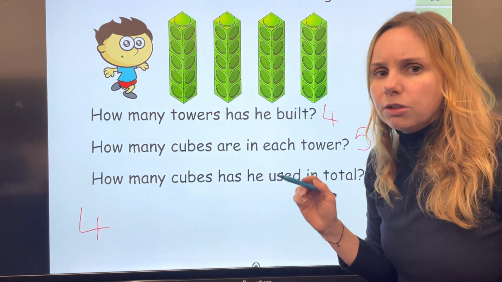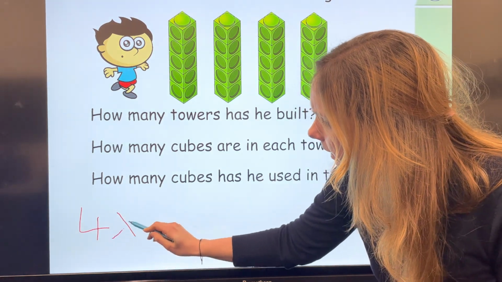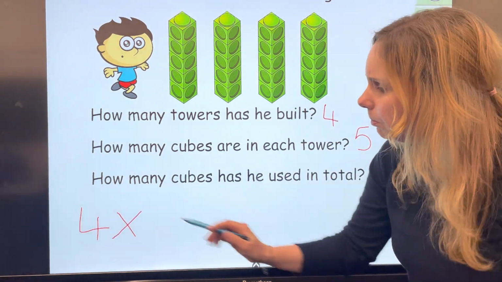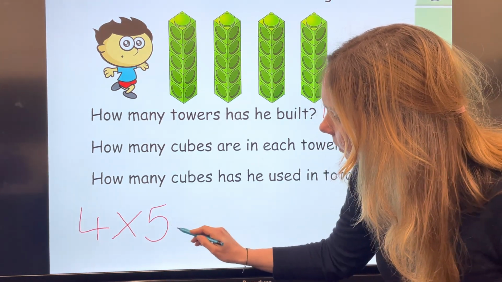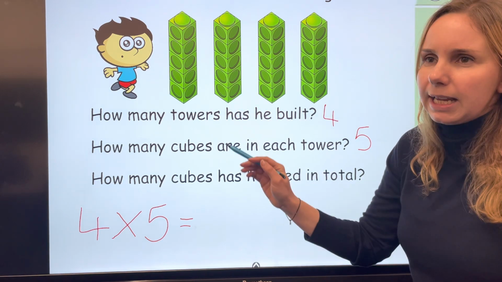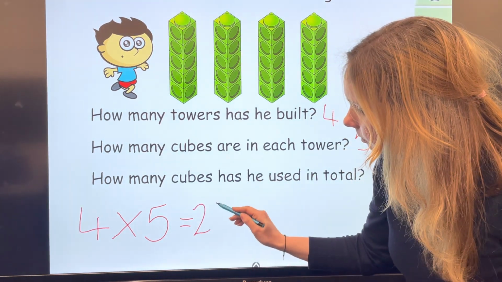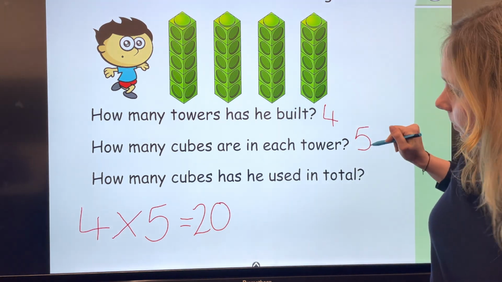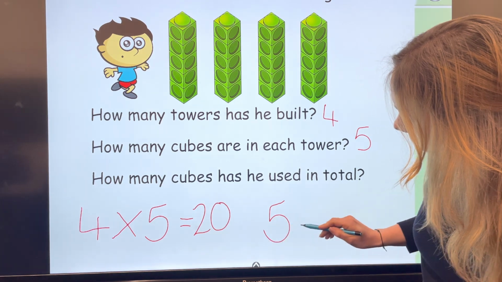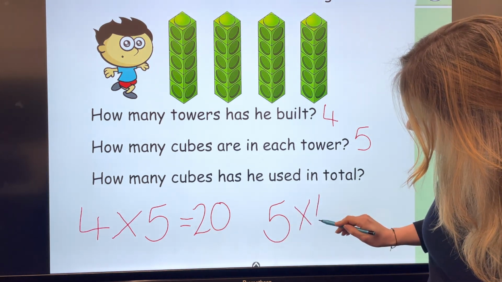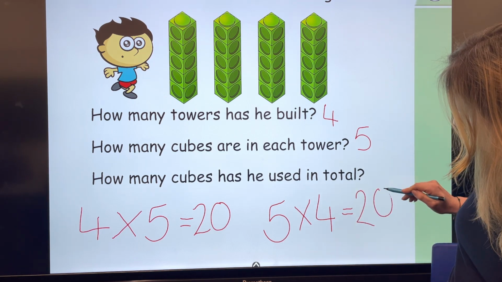Please check that you are drawing the multiplication symbol correctly, that it is a cross like that and you're not mistaking it for the add symbol. 4 multiplied by 5, 4 lots of 5 equals, I'm going to count in 5s, 5, 10, 15, 20. And again, we can write it another way. You may have a different way. Hopefully, if you've not got my first way, you have 5 multiplied by 4 equals 20.